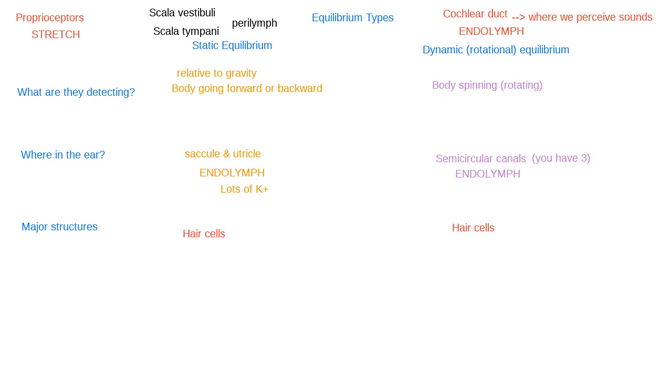When I'm talking about static equilibrium, the location where I find those hair cells is inside something called the macula. Remember, we talked about the macula. That's the part of the saccule and the utricle where I'm actually going to do my detecting of going forward and backwards.